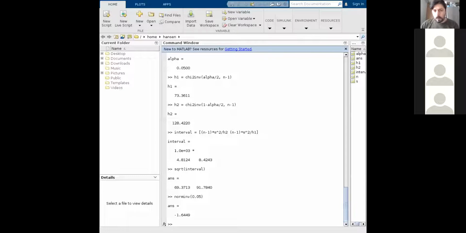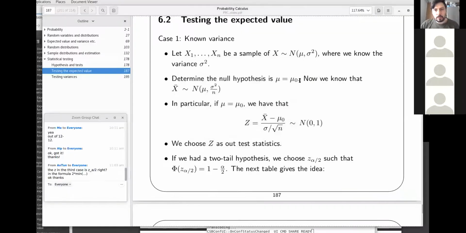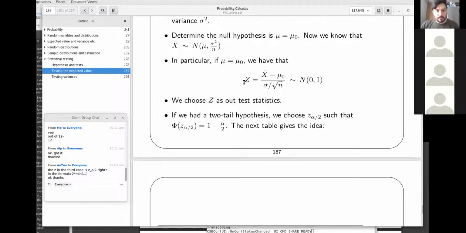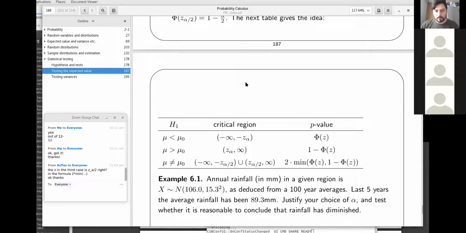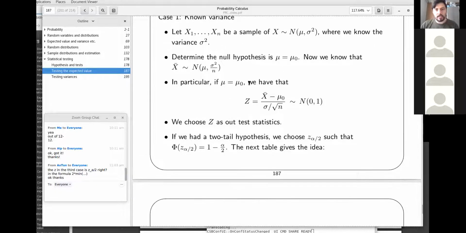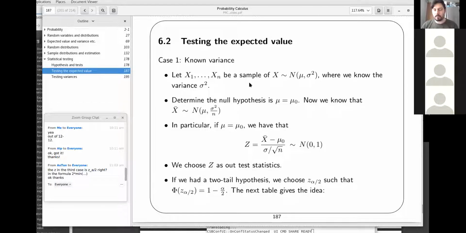So we're going to be calculating the Z statistic here, and that would be the average, 89.3, minus 106, divided by, remember that we had here 15.3 is the sigma, because the sigma squared is 15.3.